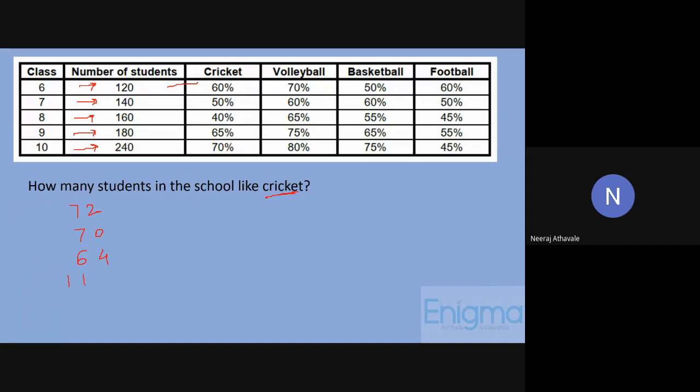We can also do it as 9 into 13, that is 117, and 24 sevens are 168. Okay, add this up, and the addition is 491. The rest of the multiplication was easy.